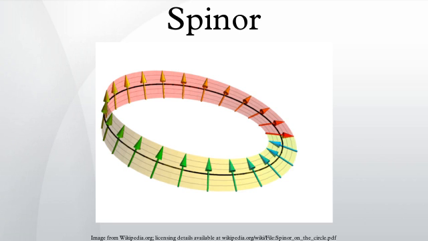The subalgebra of even-graded elements is made up of scalar dilations and vector rotations, where the element corresponds to a vector rotation through an angle θ about an axis defined by a unit vector v equals a1 e1 plus a2 e2 plus a3 e3.